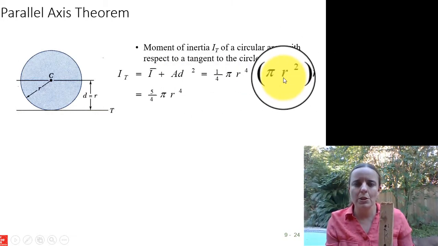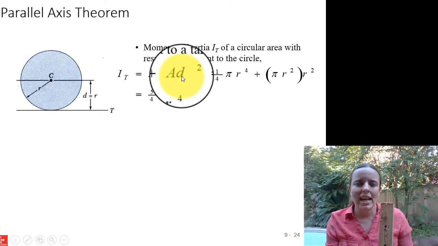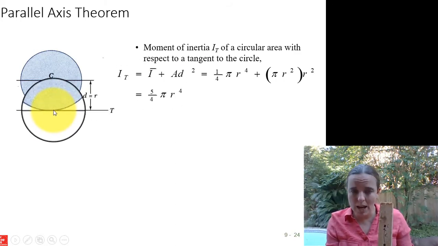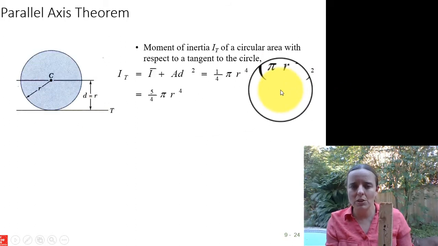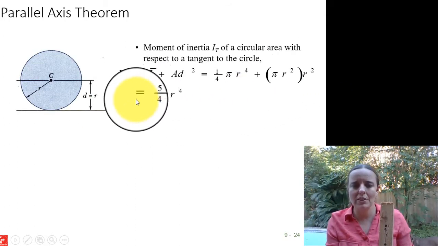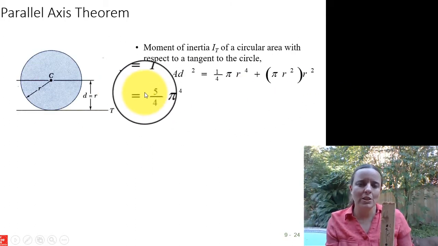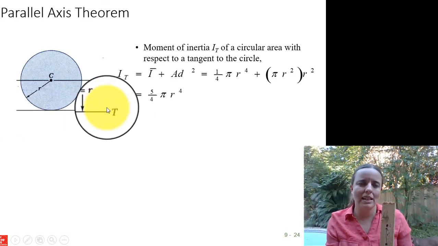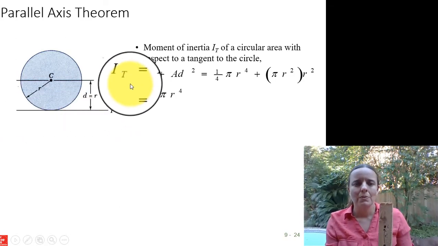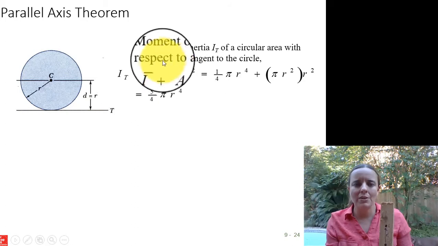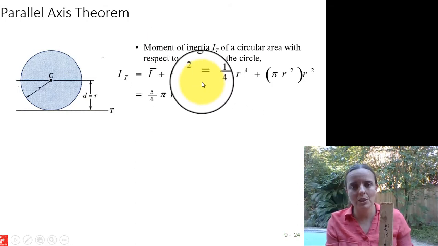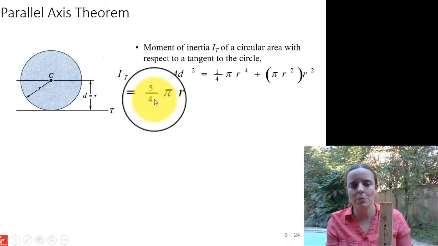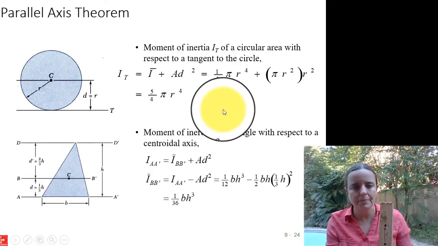This is the area of the circle, pi r squared, and in this case, from the new axis of rotation to the center, the distance ends up being the radius of the circle. So you can add those two together and see how much larger the inertia is to rotate around a tangent line versus rotating around the center of mass. So 1/4 versus 5/4. That's quite a bit harder to rotate around that tangent.